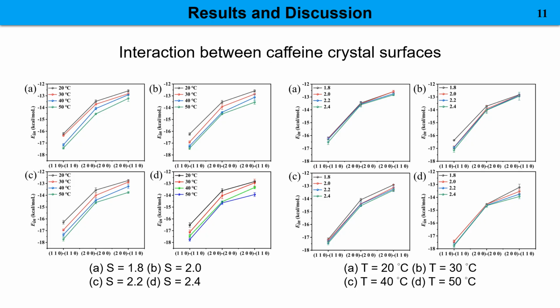With an increase in supersaturation ratio, more caffeine molecules are revealed on the crystal surface, leading to increased molecular interactions. This, in turn, causes an increase in the interaction between crystal surfaces.